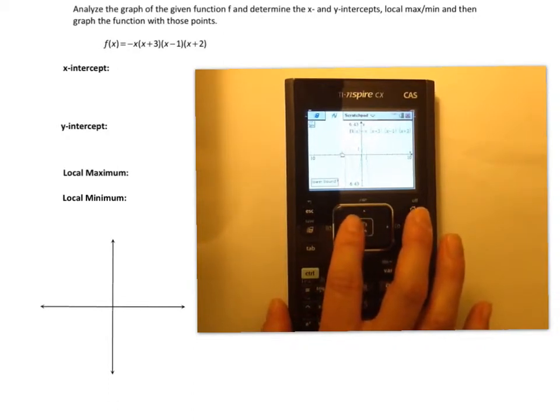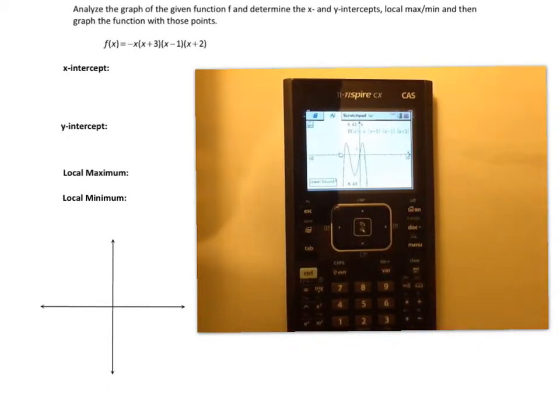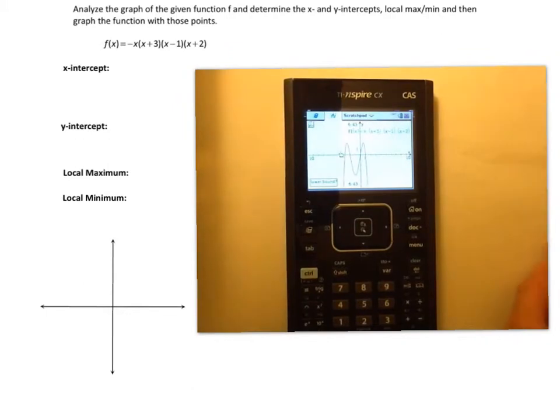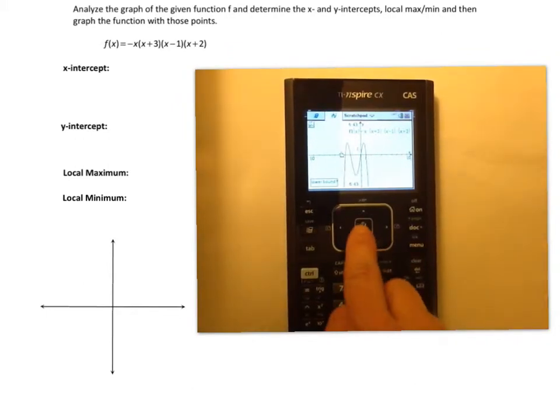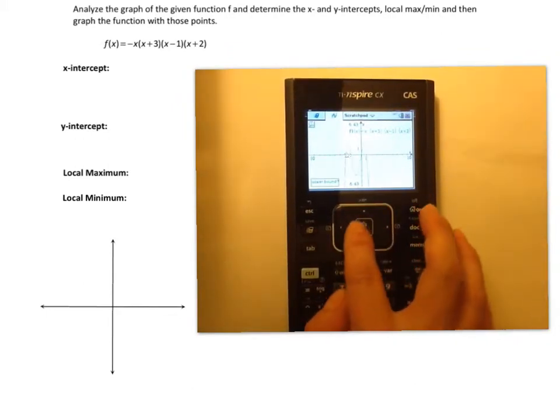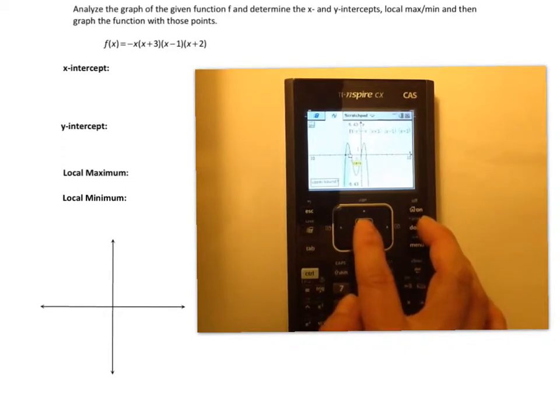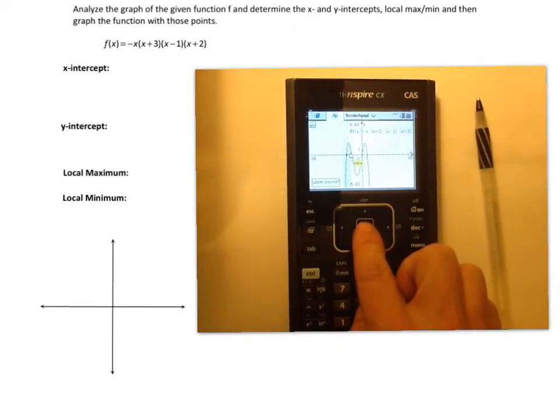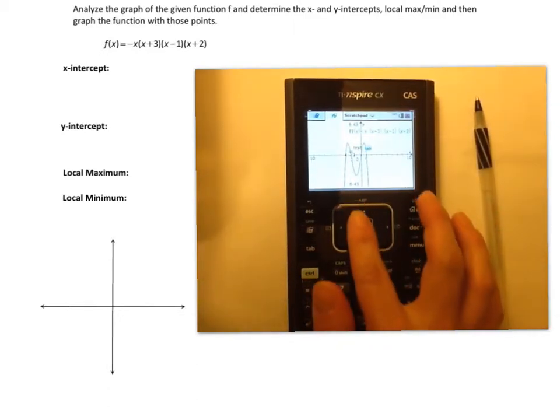And if I want to find this x-intercept over here on the left, I need to move the little hand to the left of that x-intercept, and I click the middle button, and then I move it just to the right of it, and you can see the graph kind of spreads and highlights that x-intercept. I press the middle button again, and it gives me the point.